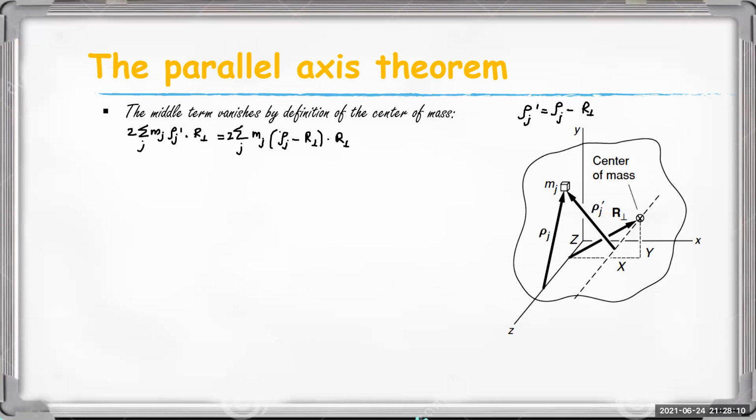Then the quantity must be m into 0, with the total mass here. So it will be 2 m into (r perpendicular minus r perpendicular) dot r perpendicular. Okay, so this quantity must vanish. So this is equal to 0.